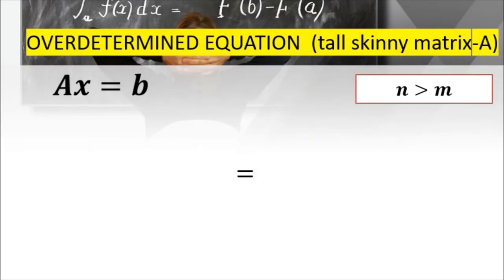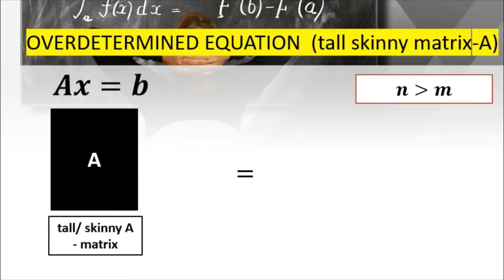Next, we have the overdetermined equation, which we will call the tall skinny matrix A, which states that n is greater than m, or the number of rows is greater than the number of columns. Here we have a diagram to explain it.